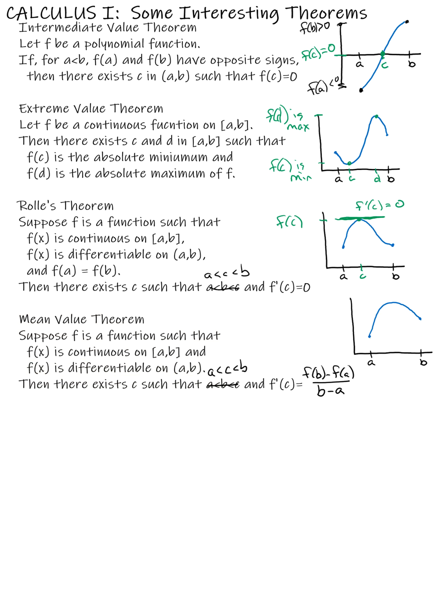So let's take a look at that. What this one is saying, if we look at our graph, it is again continuous and differentiable. Now a and b do not have to be equal like we had in Rolle's theorem.